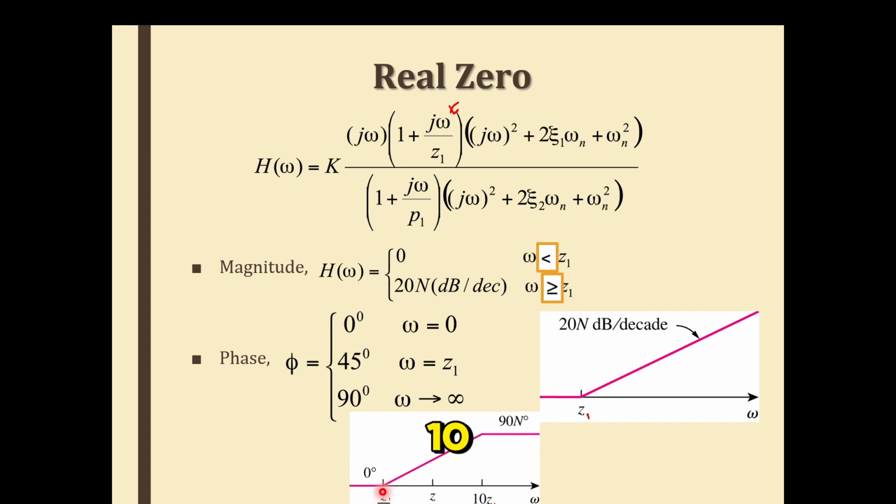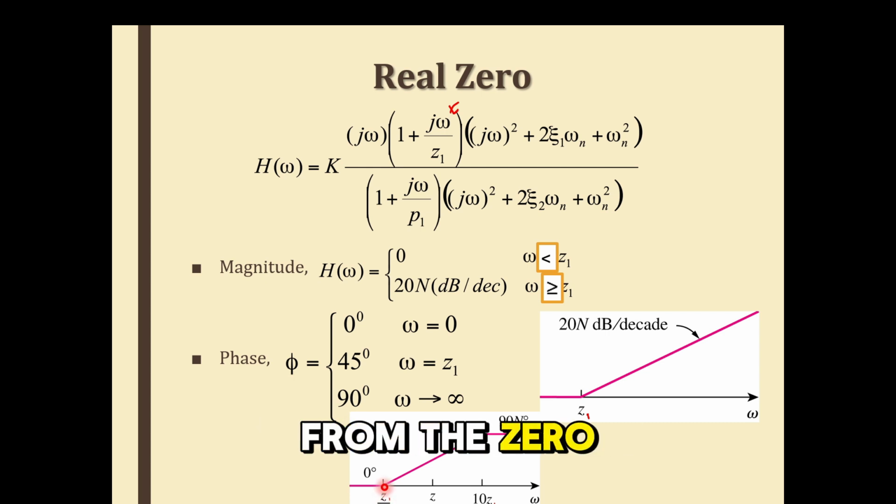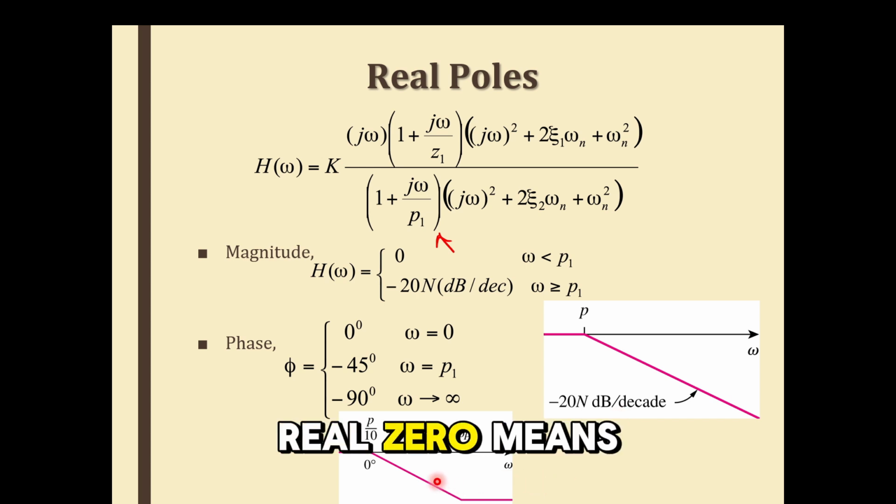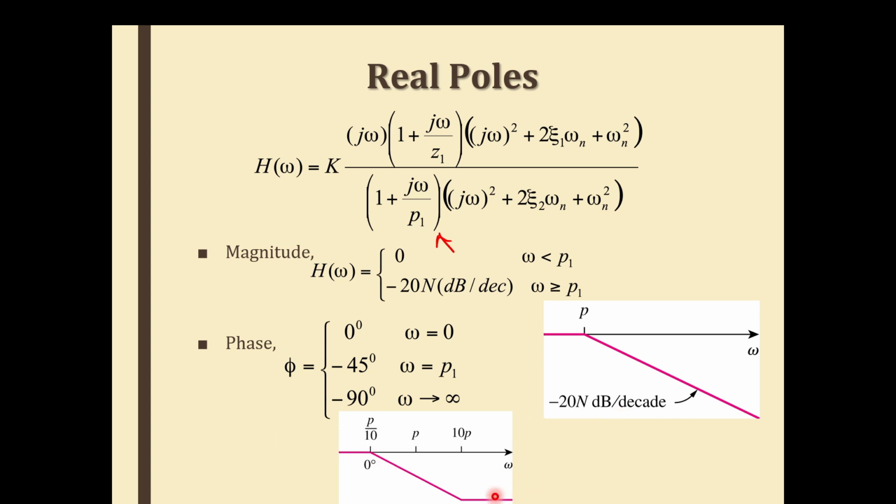So 2 over 10, you start from 0, and after 1 decade, it will start to have 90. So it will fluctuate within positive 90 to negative 90. Real zero means positive, real pole means negative. Same start from here, and then you have a 20 dB decay.